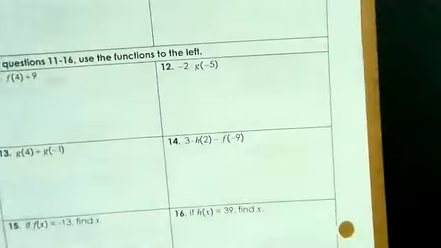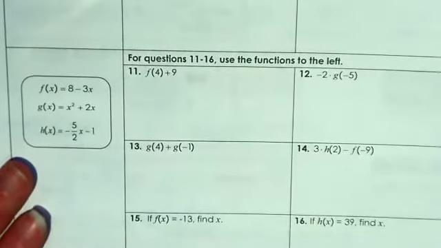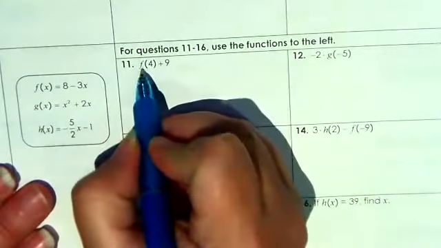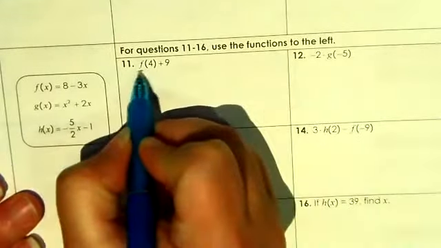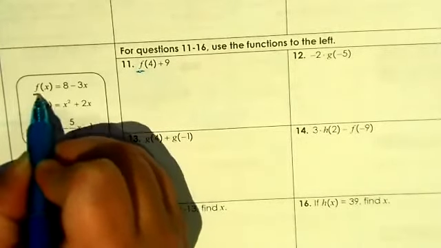Going down to number 11. Okay. This is where we've got functions along with stuff going on outside of it. So we have our rules over here. Since it says f of 4, since it has an f here, that means I'm choosing the rule over here that has an f.